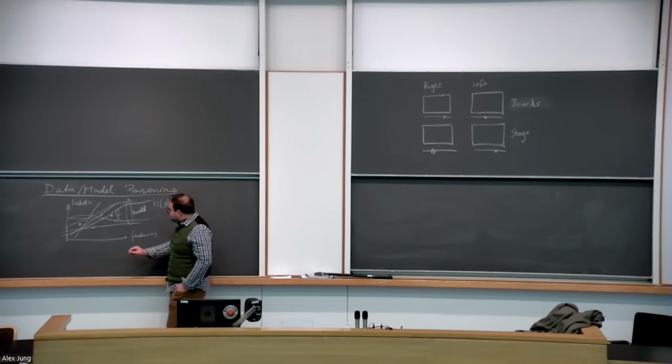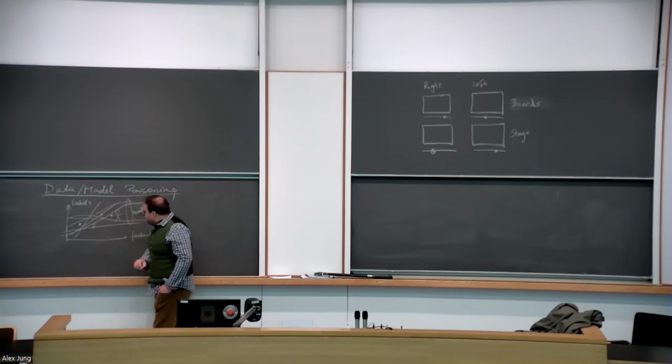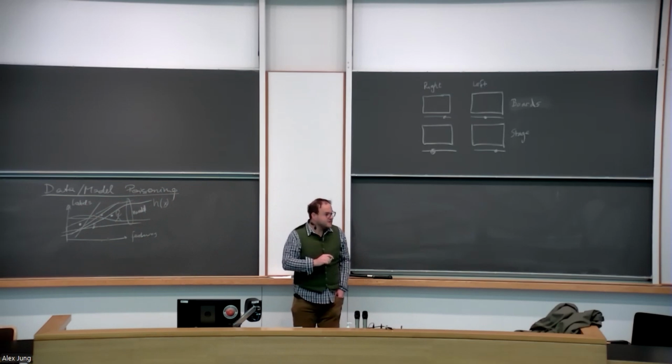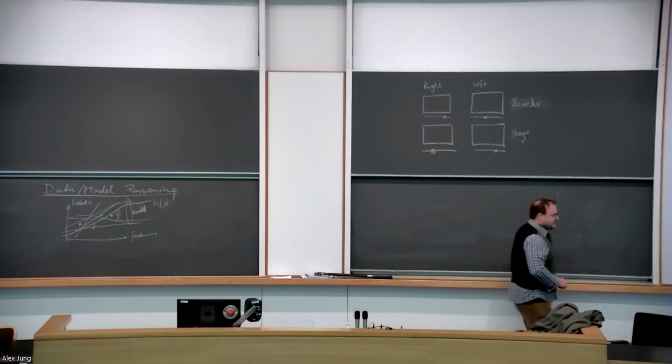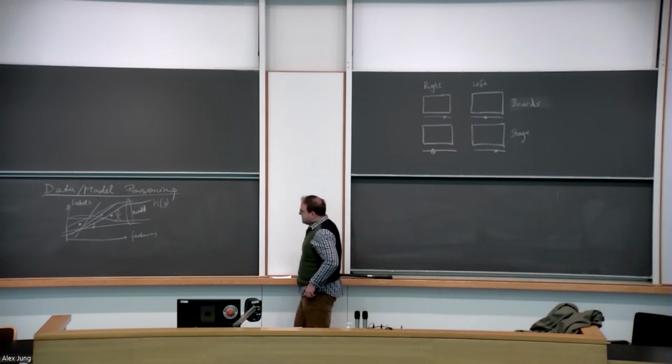Okay, so we need a loss function. What is the main loss function we have used in this course? Square error. Yes, square error. Is there another loss function you have heard about in this course?